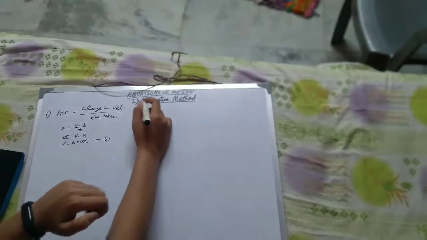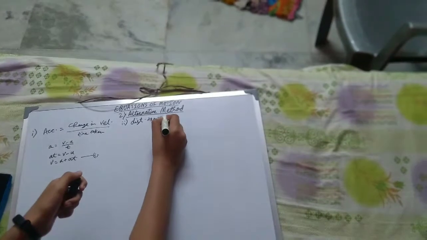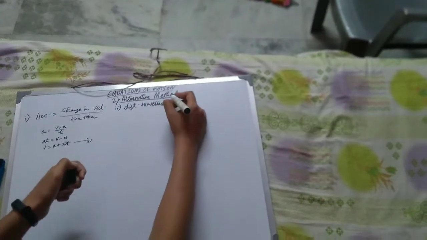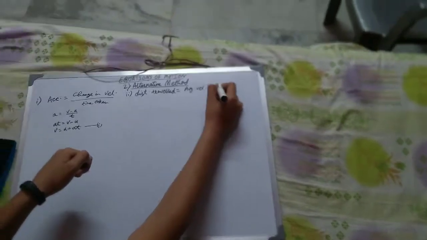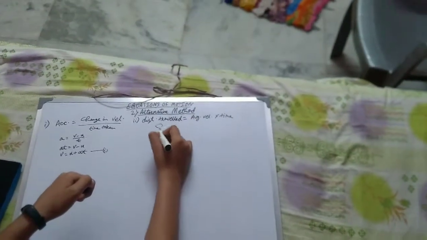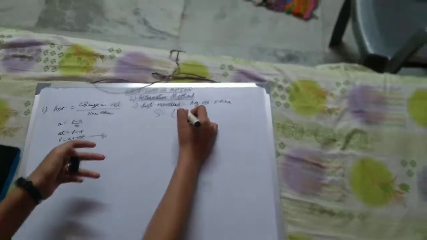Now for the second equation, by definition we know distance traveled equal to average velocity into time, or distance traveled equal to initial velocity plus final velocity by 2 into time taken. So s equal to u plus v by 2 into t.